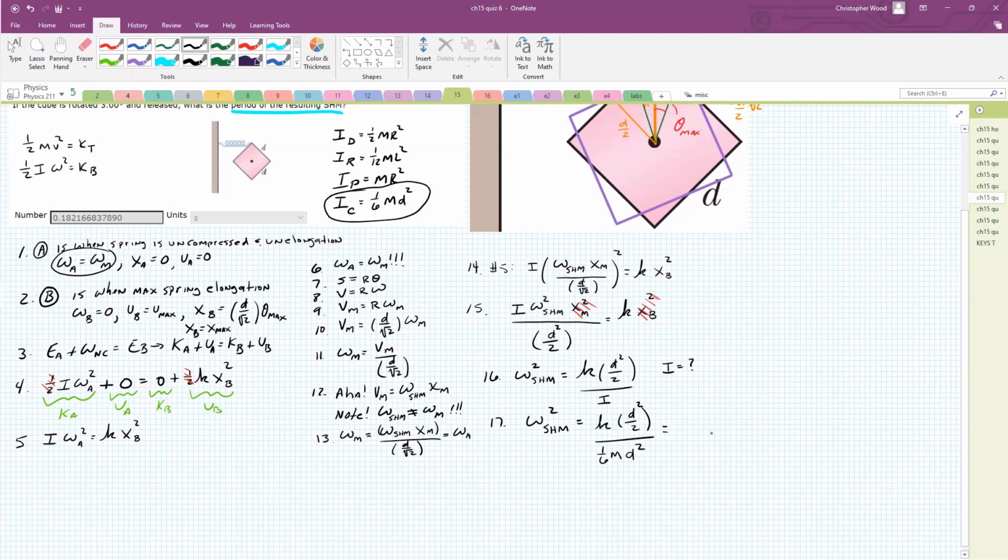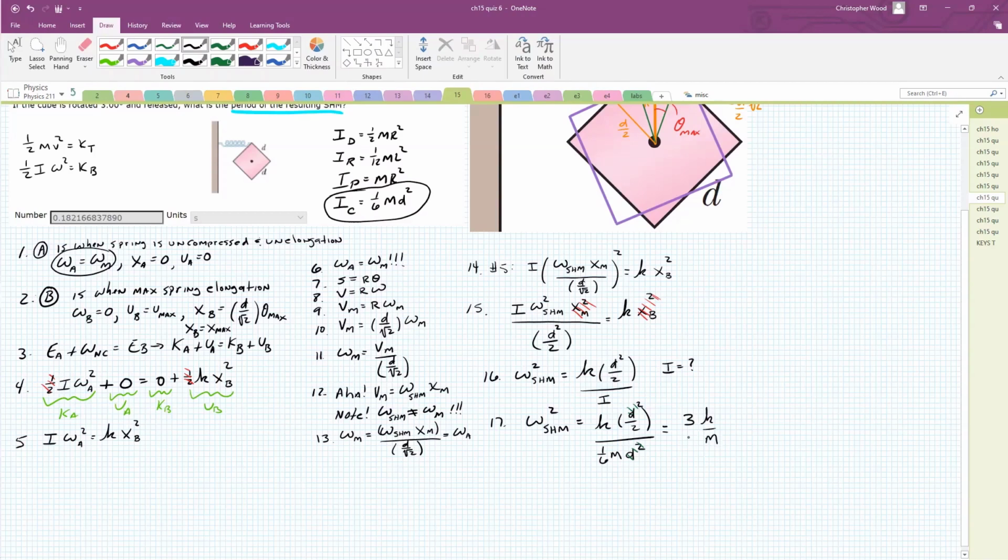So let's simplify that. The d squared cancels with this d squared. That's good news. So I am left with 3k over m.